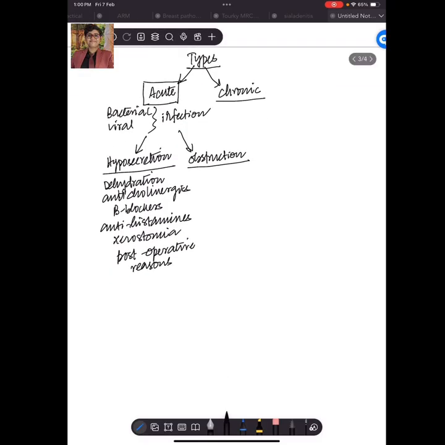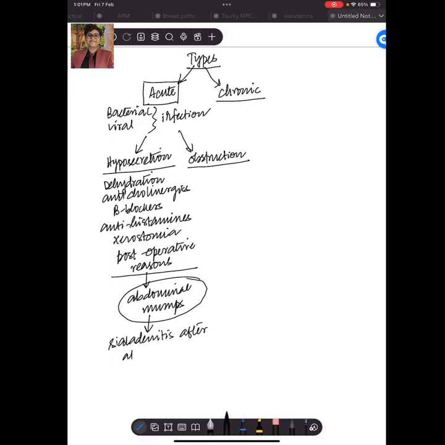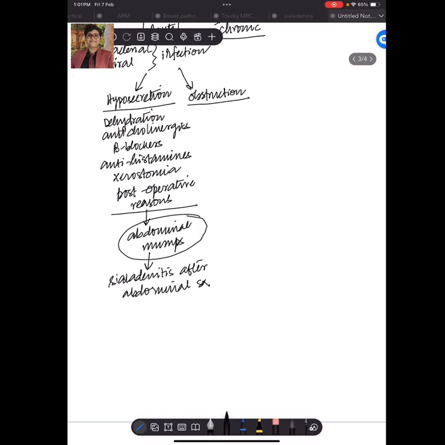Now, among the post-operative reasons, there is a term known as abdominal mumps. So, what is abdominal mumps? Abdominal mumps is actually sialadenitis which occurs after any abdominal surgery. Why is it occurring?